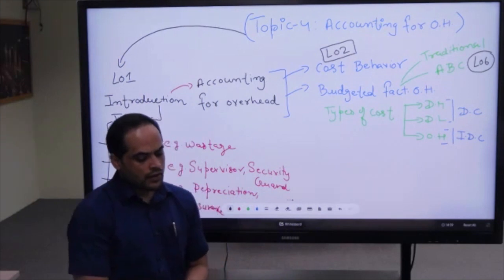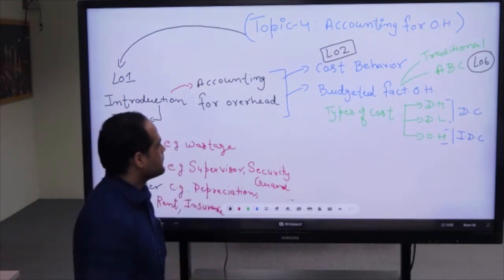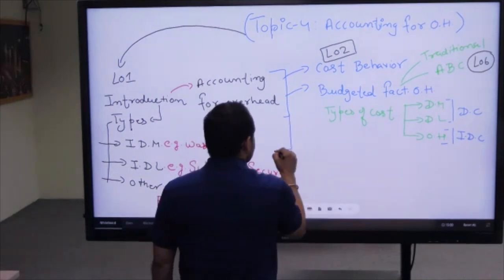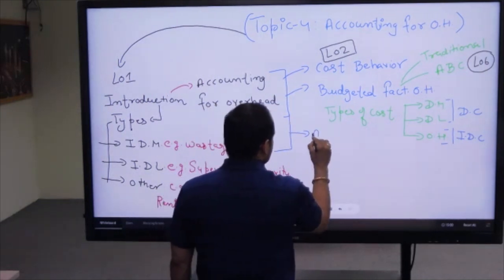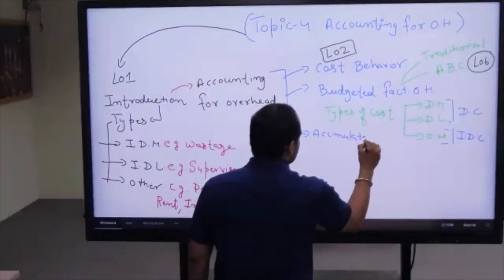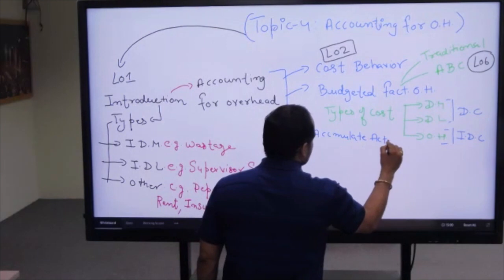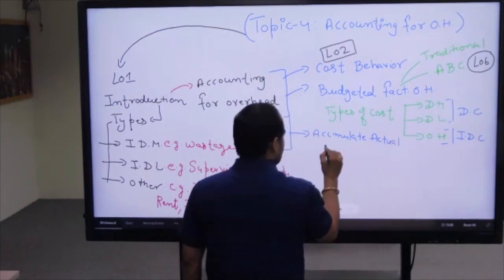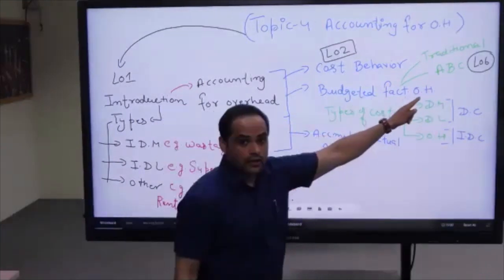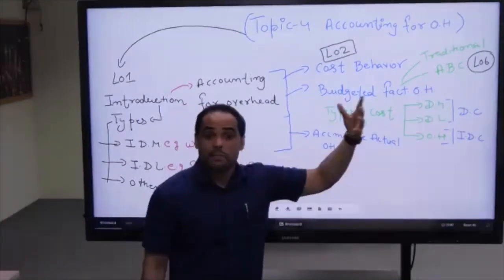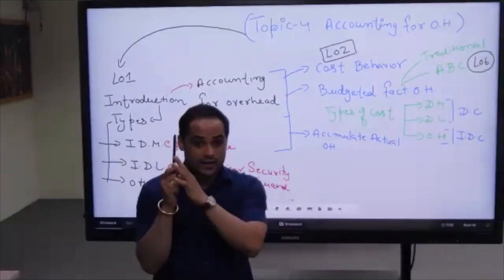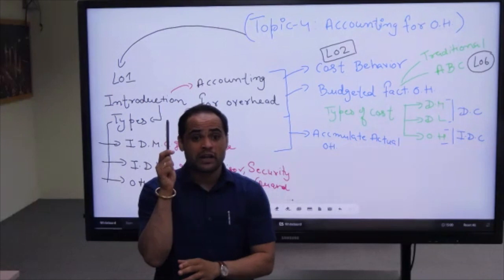Next is accumulates actual overheads. So this is the plan. How are we planning how much overhead cost we spend to produce this pen?